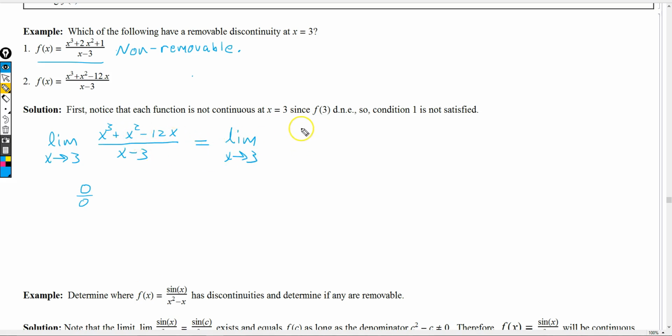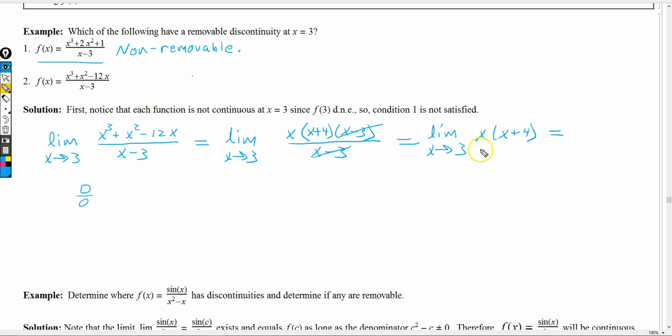So limit. Now the top will factor as, if I factor out an x, then I'm left with a quadratic, x squared plus x minus 12, and that factors as, and then of course I can cancel these x minus 3's and we get the limit. And now I can just plug the 3 in for the x's.